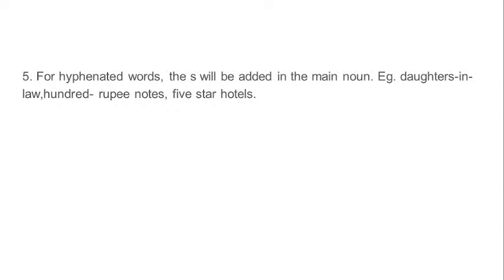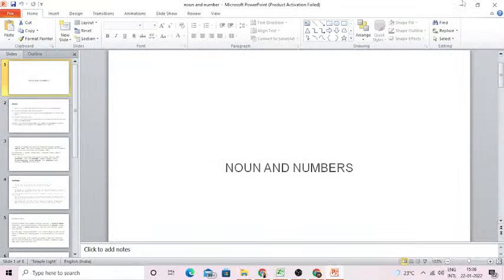All these are the main nouns with which we will add an S or whatever. Which noun will be pluralized? It's always the main noun that has to be pluralized. It's not the other portions of the compound noun where you will add an S and make it plural. So the exceptions have to be properly kept in mind.